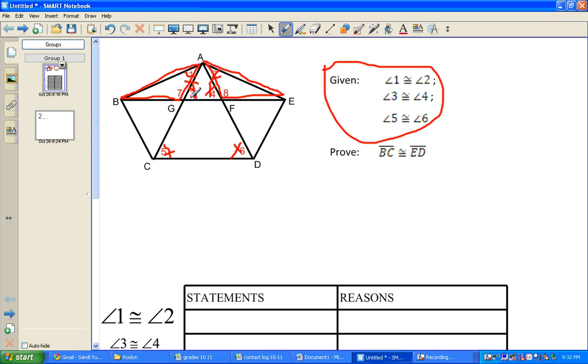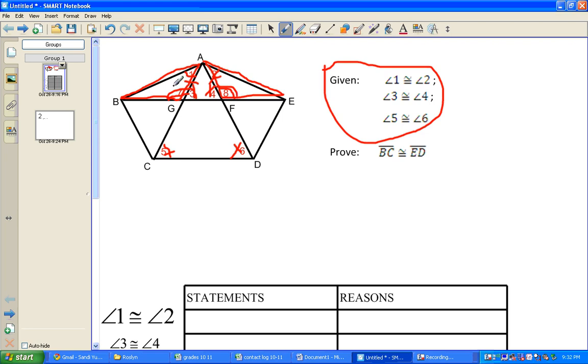Oh, wait a minute. As you can see from angle 3 and angle 4, angle 7 and angle 8 are supplementary of congruent angles. So in fact, this angle number 7 and angle 8 are congruent to each other.